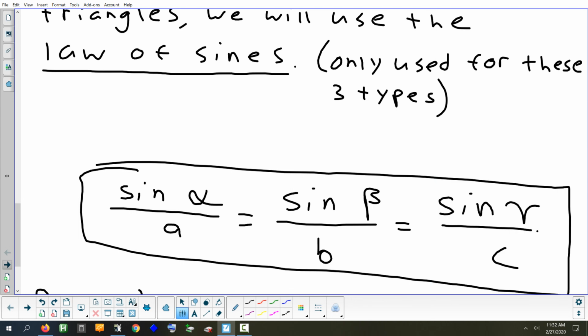Yep, sine gamma over C. So the law of sines has 3 fractions to it. You never use all 3 at the same time. When you're solving for something in a problem, you're either going to use the first 2 parts that have the A and the B, the last 2 parts, the B and the C, or the first part and the last part, the A and the C.